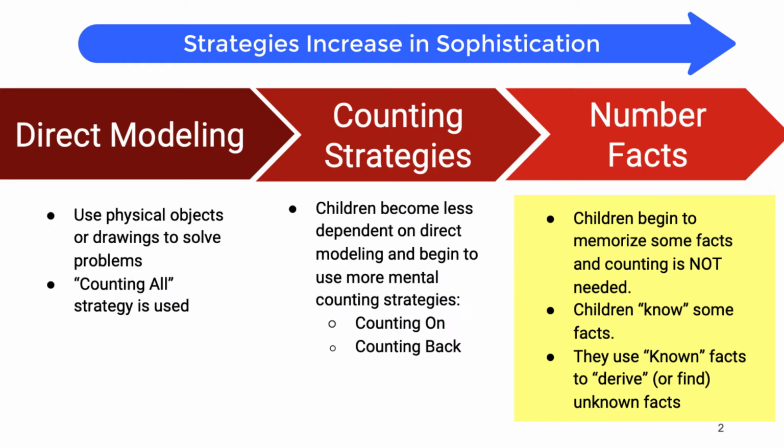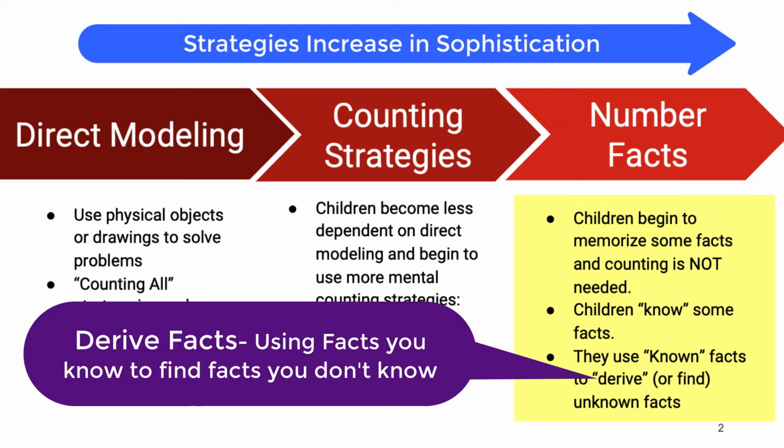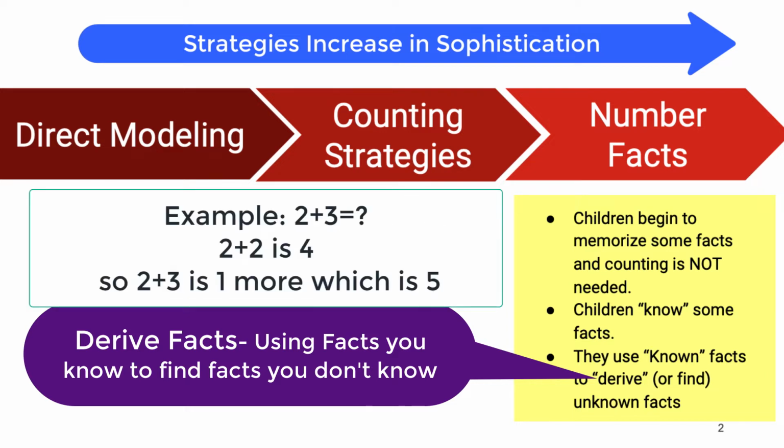They also then take facts they know to find out new facts. And we call that derive. So make sure you have that word in your notes, derive. When we derive a fact, it means we use a fact that we know to find a fact we don't know. For example, if I didn't know what 2 plus 3 was, I could think about, well, I do know that 2 plus 2 is 4, so 2 plus 3 must be 1 more.